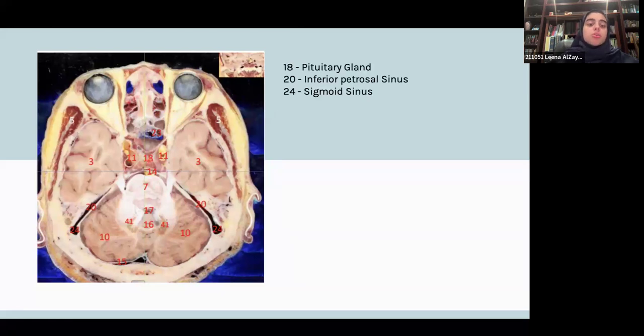And we said this is the pituitary. The rest, we said 23 is the cavernous sinus, 11 is the internal carotid artery. And in this 41, we can see the caudate nucleus, cerebellar hemispheres, 7 is the pons, and 16 is the vermis. 17 is probably the fourth ventricle, I'm not sure though.